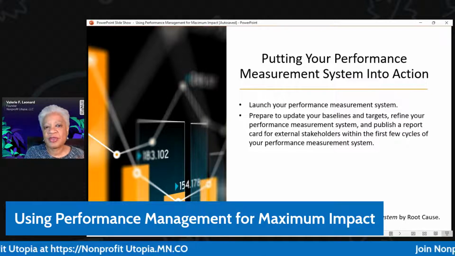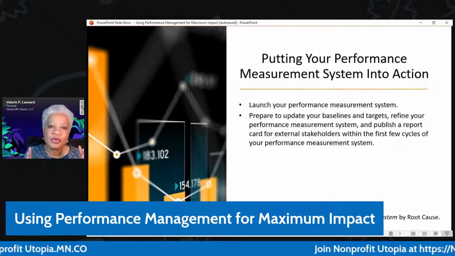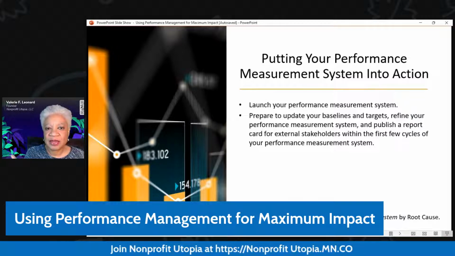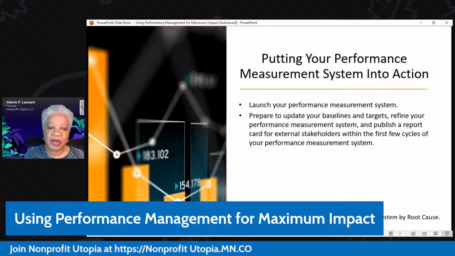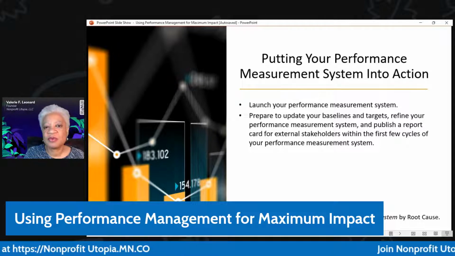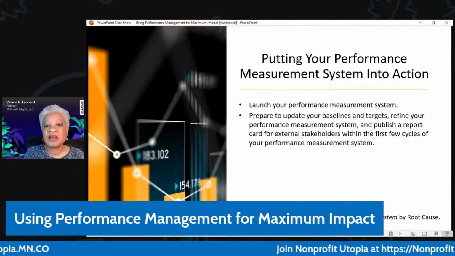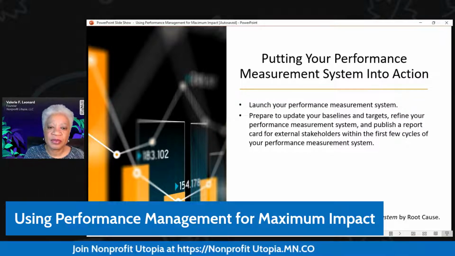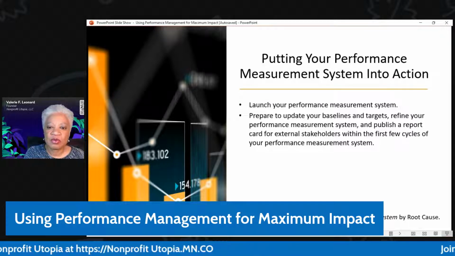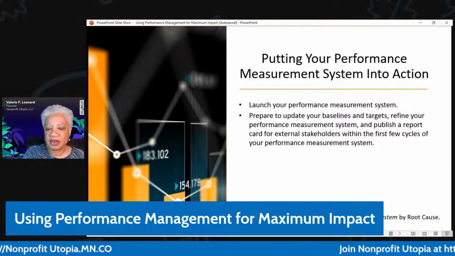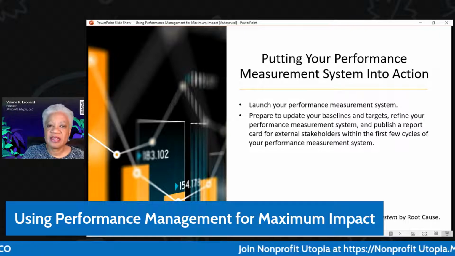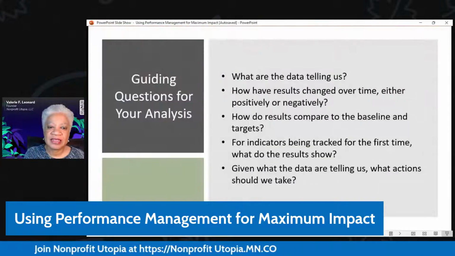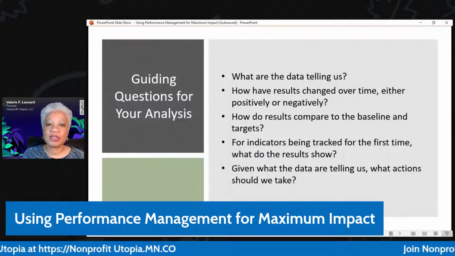So you launch it throughout the whole organization, and you really want to make sure too that the board is approving your system and is kept apprised of how this system is going to be working. Why do you do that? Because ultimately the board is responsible for everything that goes on in the organization, right? So you want to, again, develop the system, and then you want to use the system so that you can begin to make intelligent decisions about what to do next, right?